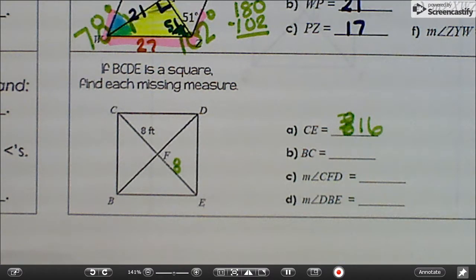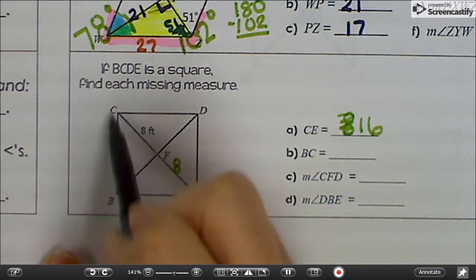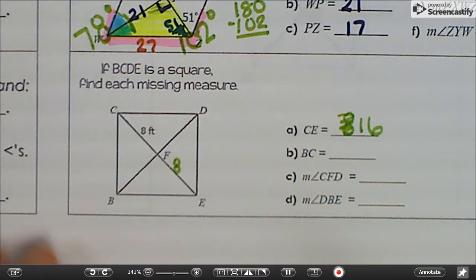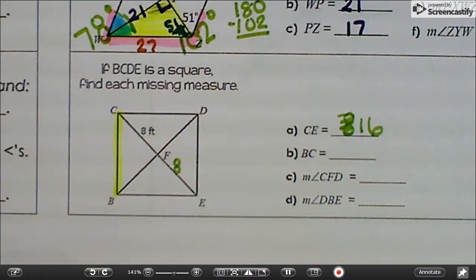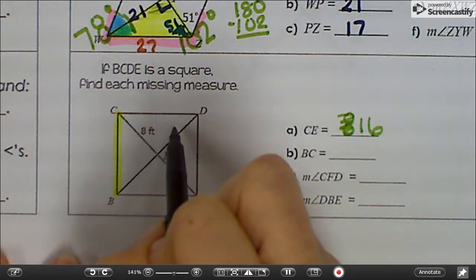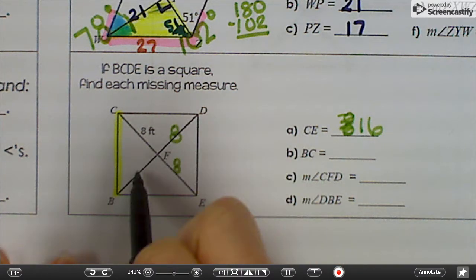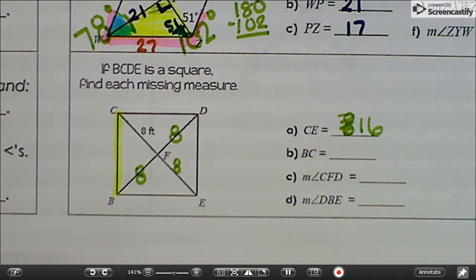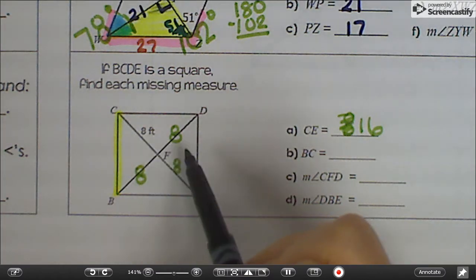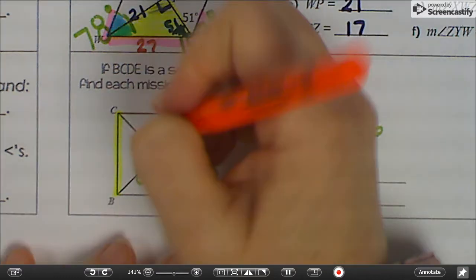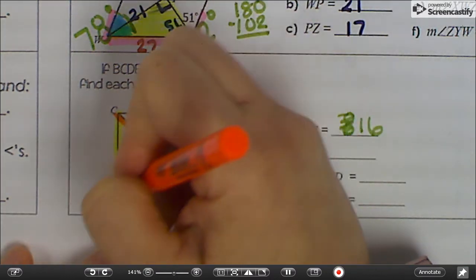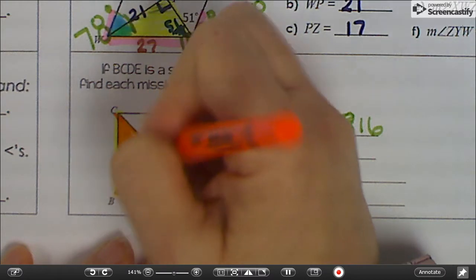All right, BC, this side here, is kind of interesting. We want to know this piece. In a square, all the little pieces of the diagonals are congruent to each other. So we can fill in 8s, and now we have this right triangle right here to look at.